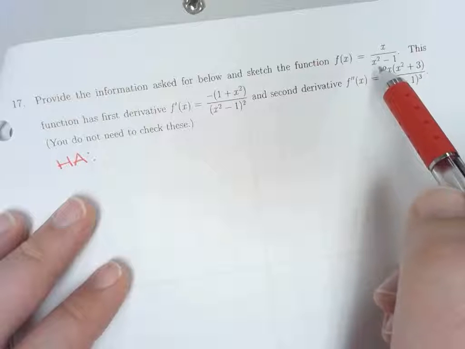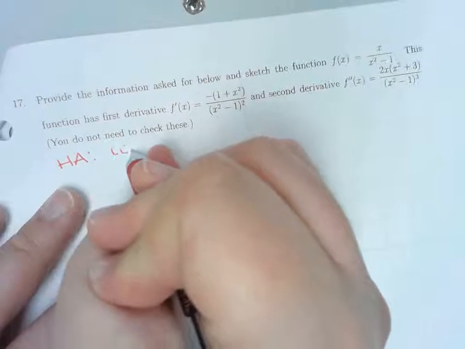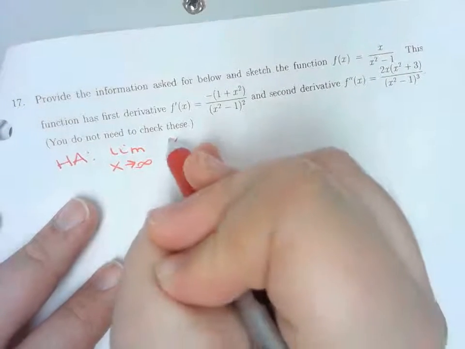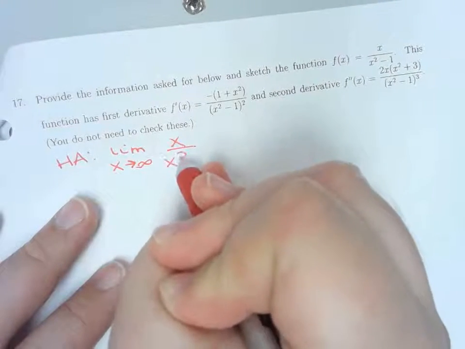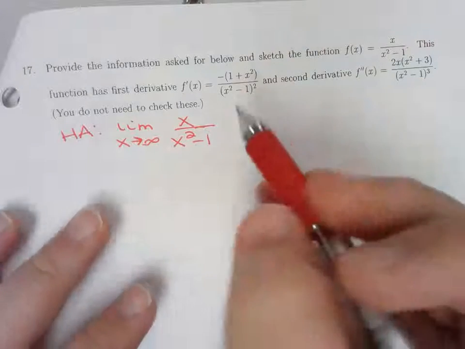Horizontal asymptote, there's a shortcut, or you have to take the limit as x approaches infinity or negative infinity. I would just choose infinity. If you don't remember the shortcut with the degree of the top being bigger than the bottom, or the degree of the bottom being bigger than the top, the one we did last review had the same degree, so we took the leading coefficient. If you don't remember that shortcut, you're going to have to deal with the limit.